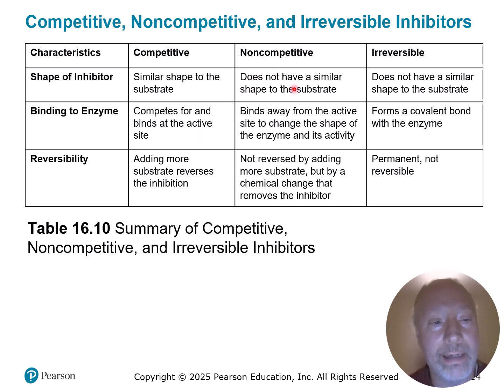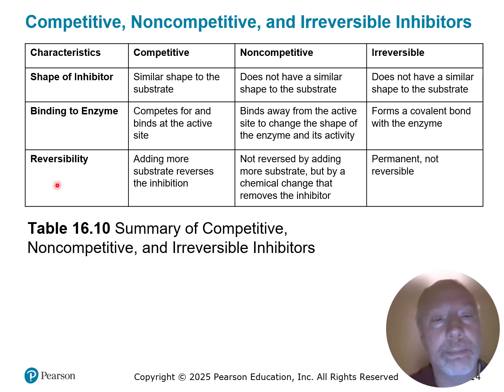If it's non-competitive, it doesn't bind at the active site. It binds somewhere else on the enzyme and can change the entire shape of the enzyme, messing up the active site, right? If we have an irreversible situation with regards to binding to the enzyme, it forms a covalent bond with the enzyme and the enzyme may no longer function.